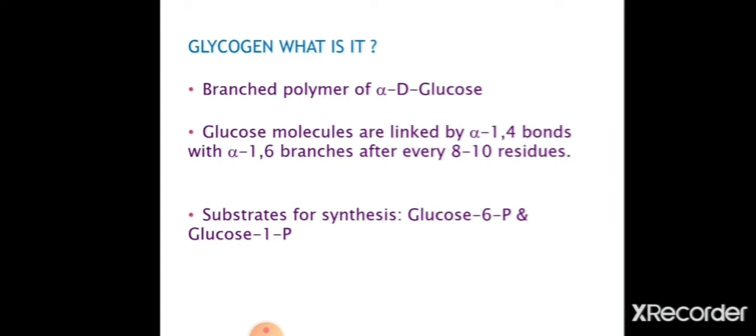So what are the functions of glycogen? It is the storage form of carbohydrate in the human body, and the major sites of storage are liver and muscle. The major function of liver glycogen is to provide glucose during fasting.